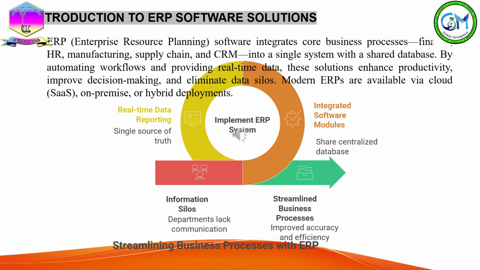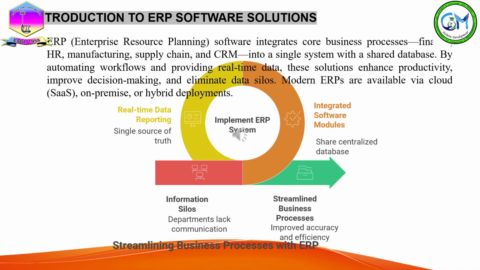So ERP is a process used by companies to manage and integrate important business processes like planning, purchasing, inventory, sales, marketing, finance, and human resources using a single software system. This system allows different departments to easily communicate and share information.